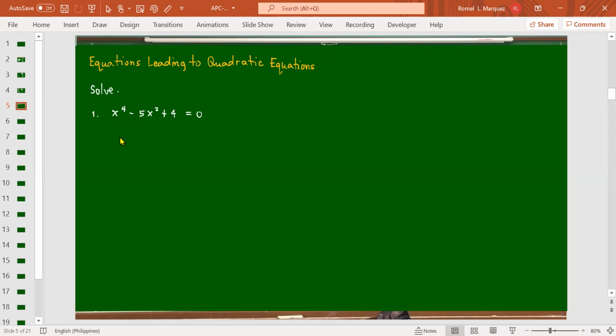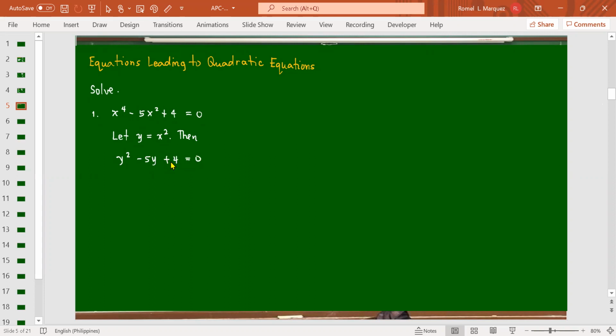Okay, we can solve this by what? By letting, for instance, letting y to be equal to x squared. So then, this equation now becomes y squared minus 5y plus 4. Take note that x squared is y, therefore x to the fourth is y squared, because our x squared is what? y.